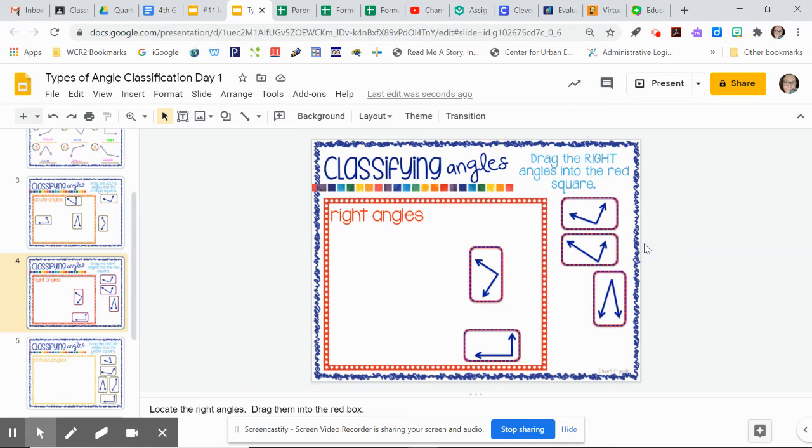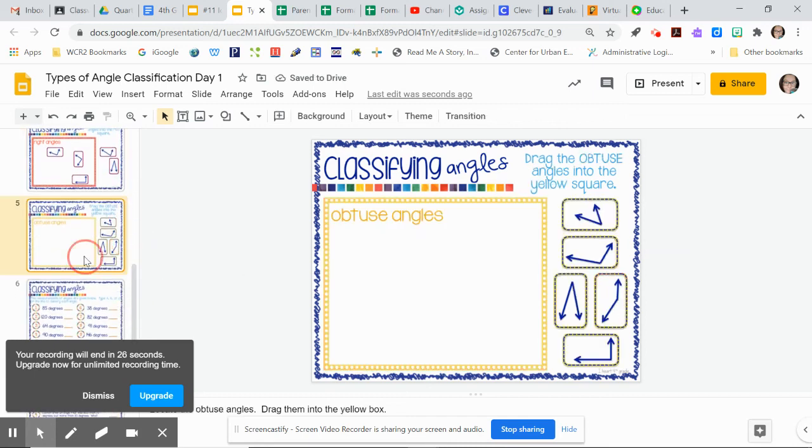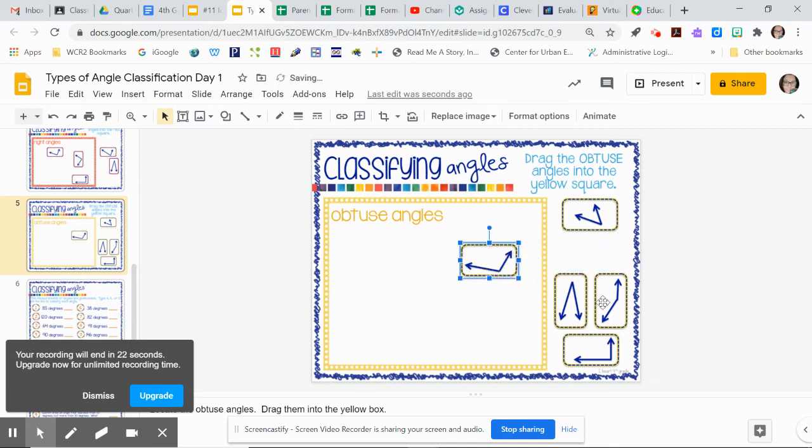And then I'm going to try this next one, and I can tell that it actually is a right angle. So some of them are a little tricky because they're turned different angles, but again, using that paper is helpful. Obtuse is obviously the ones that are going to be much larger, so that's pretty easy to identify for this one, those two. The others are either right or acute.